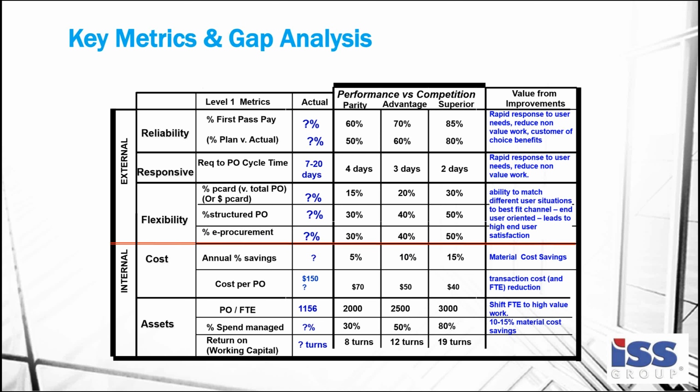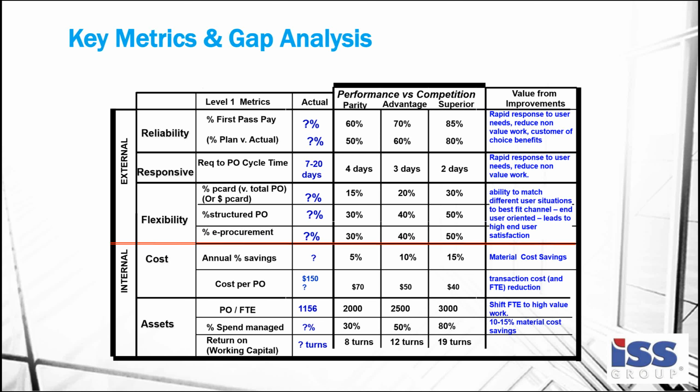I've seen upwards to 5,000 POs per FTE in there, with something that can really be automated with a structured PO and a lot of P card usage. And so you got to take this with a grain of salt and really look at the details. But you can see from here you're low at 1156. You're really on the low end, so you need to work on that. And if you add more people, you see that number goes down.